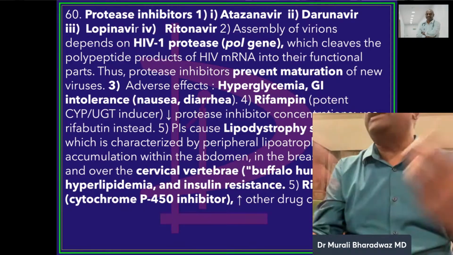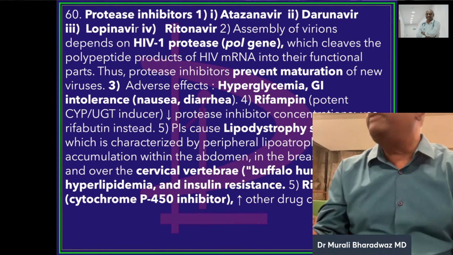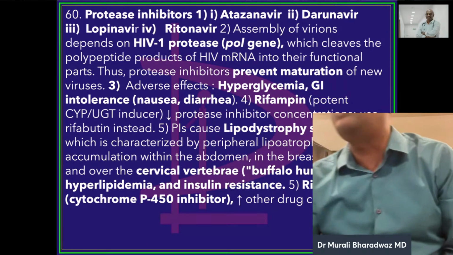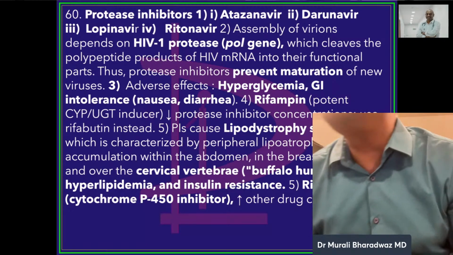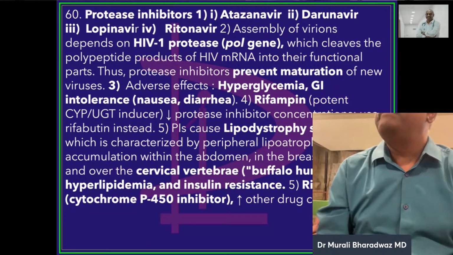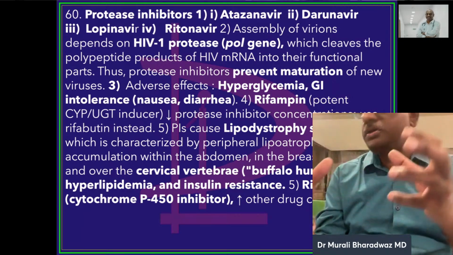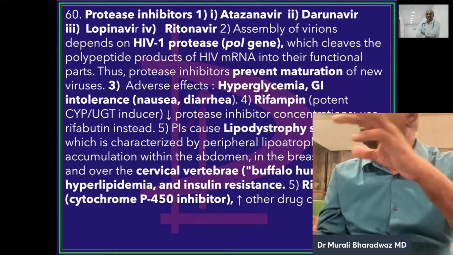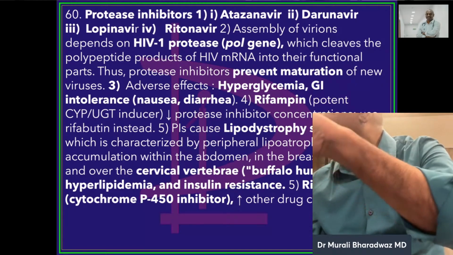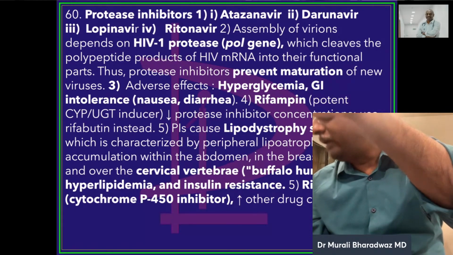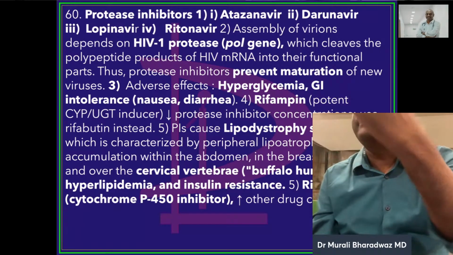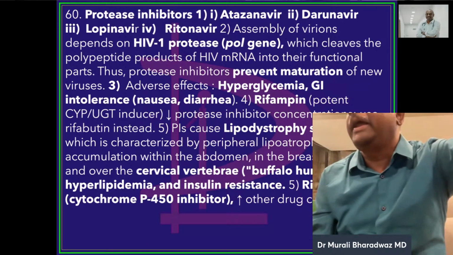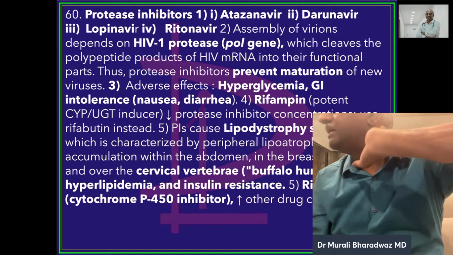Then protease inhibitors: atazanavir, darunavir, lopinavir, ritonavir, always. What do they do? Basically, the virions being produced require processing using HIV-1 protease.